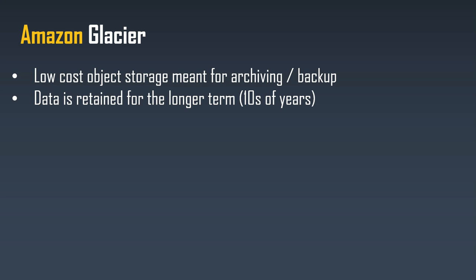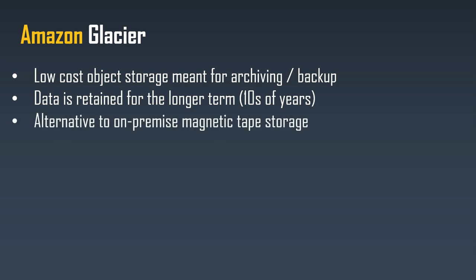It's a big alternative to on-premise magnetic tape storage, where you would store data on magnetic tapes and put these tapes away. If you wanted to retrieve the data from these tapes, you would have to find the tape manually, put it somewhere and then restore the data from it.